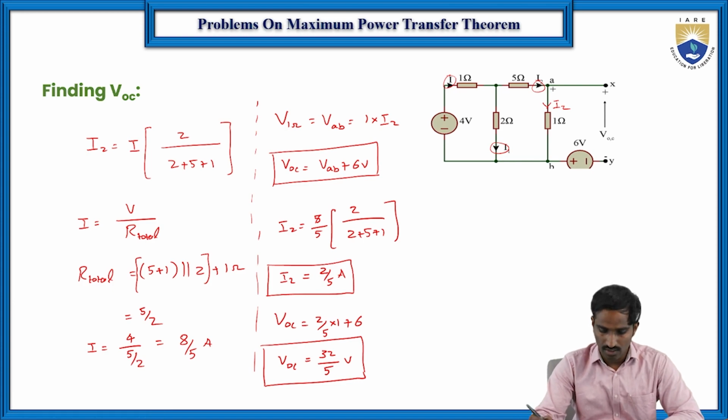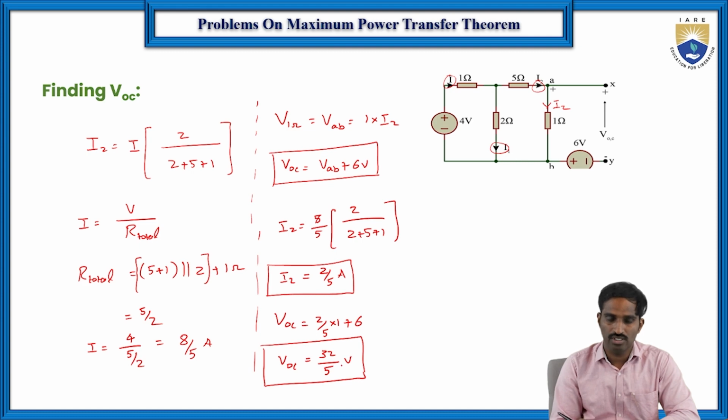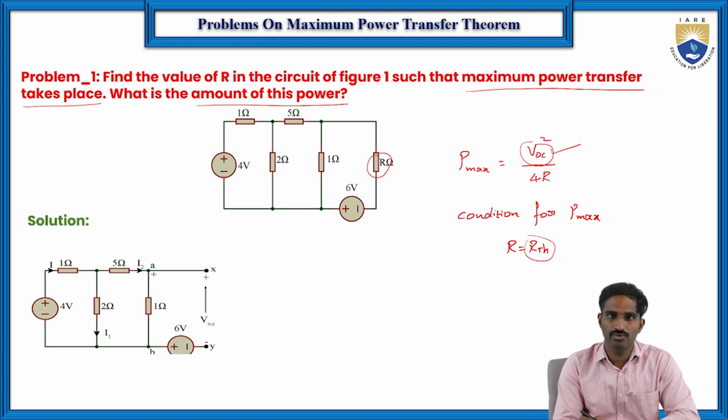Now we got the value of VOC. Now we need to find the load resistance. The load resistance is nothing but R Thevenin is equal to R load. For that, in the given circuit, we should find the R Thevenin again across these load terminals.